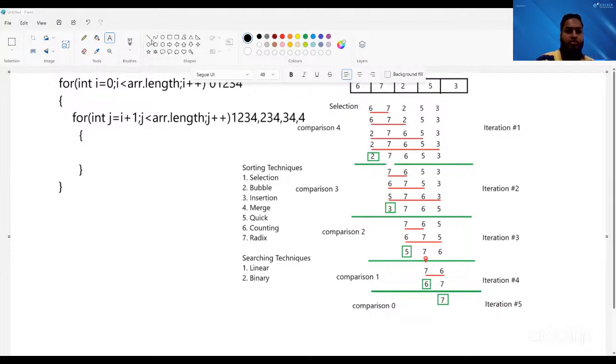So here you have to move ahead. Now 7 with 2, is it greater? Yes. So you will swap over here. So 6 at its original place, and 5 and 3 at their original places. What you are not comparing, you will not swap.